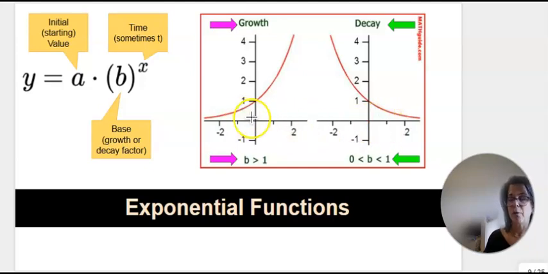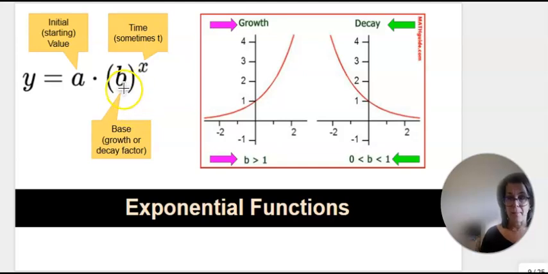So notice for a growth function, if you read it from left to right, it's kind of going uphill. It's a curve that goes higher as I move to the right. Whereas decay is also that same curve, but it starts higher and goes down, the farther you go to the right. You can tell if an exponential function is growth or decay just by looking at the equation that you're given.